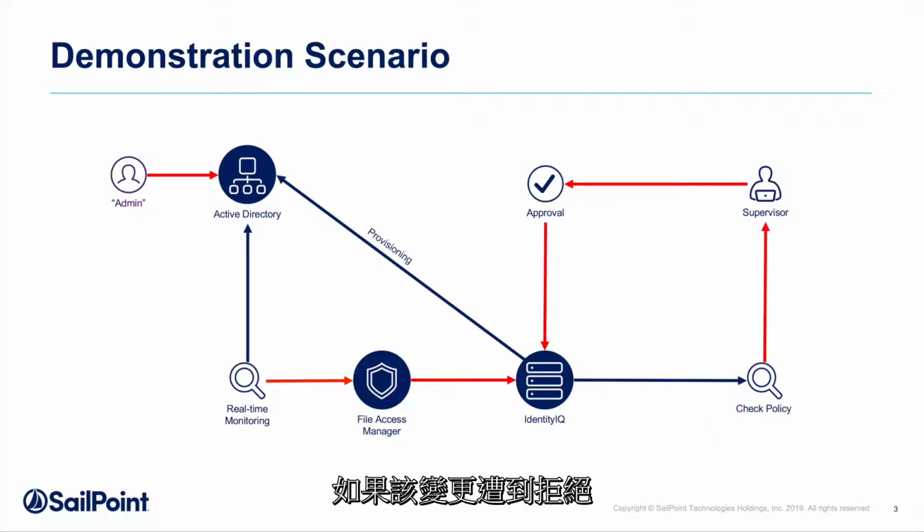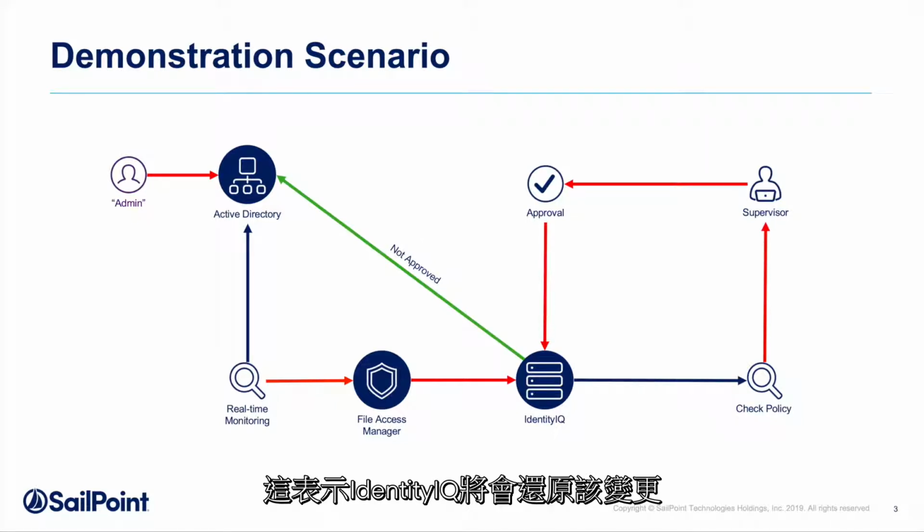If the change is rejected, Identity IQ will connect to AD and remove the user from the group itself. So what this means is Identity IQ will revert the change. Now, let me go to the demo proper.